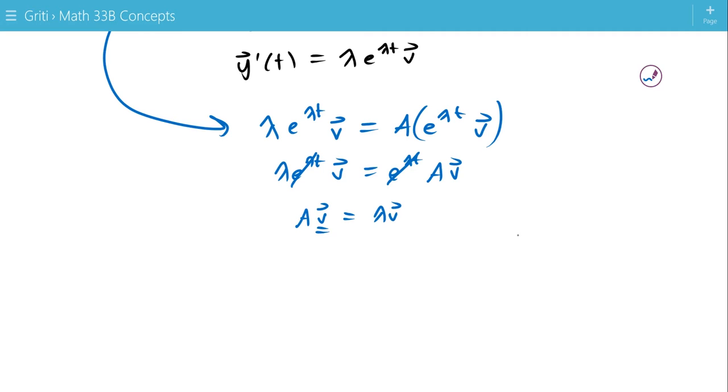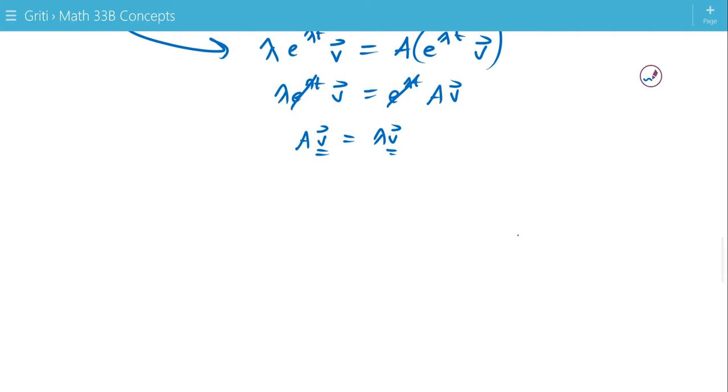So v is what we call an eigenvector of the matrix. And that just means when we put v into A, our output is a multiple of v.